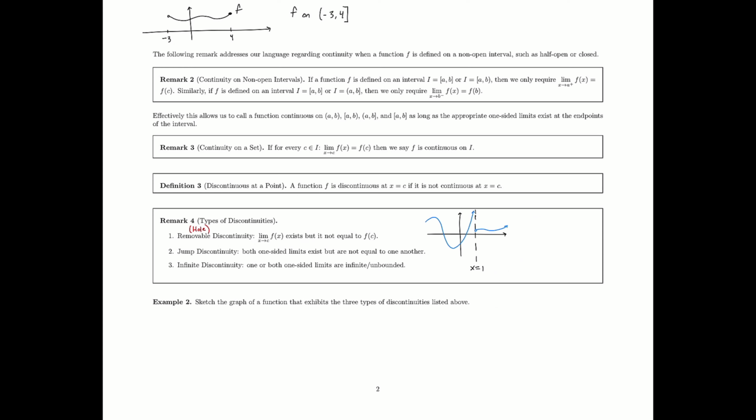So f of c in this case is undefined. We have the left-hand limit as we approach 1 of f of x, which would be equal to positive infinity. And then the right-hand limit, as x goes to 1 from the right, this would exist.